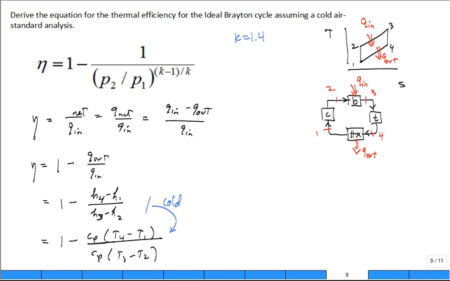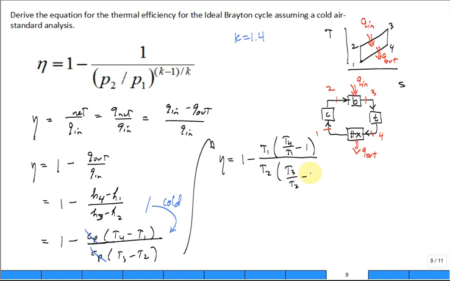Everything else, it doesn't matter if it's cold or variable specific heats. But at that point you assume that those delta H's are equal to C sub P delta T's. The C sub P's cancel, and continuing, we get the thermal efficiency is 1 minus, pulling out T1 in the numerator and T2 in the denominator, T4 divided by T1 minus 1 over T3 divided by T2 minus 1. True?